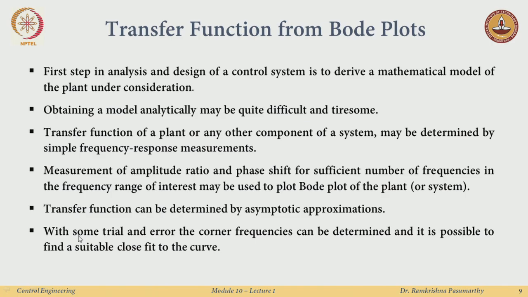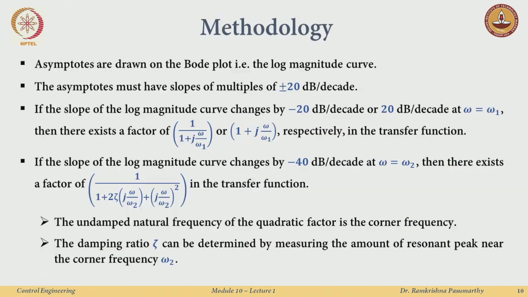And of course, I can just keep on adjusting the corner frequencies until I get as close to the real model as possible. And we also know how to uniquely determine what were the errors associated with the corner frequencies for each of the cases. I have a 0, a pole, complex conjugate poles and zeros and so on.